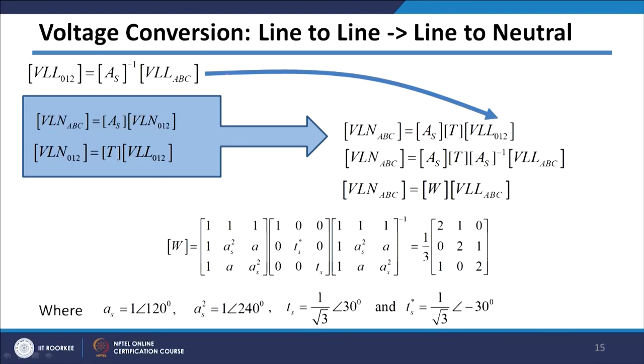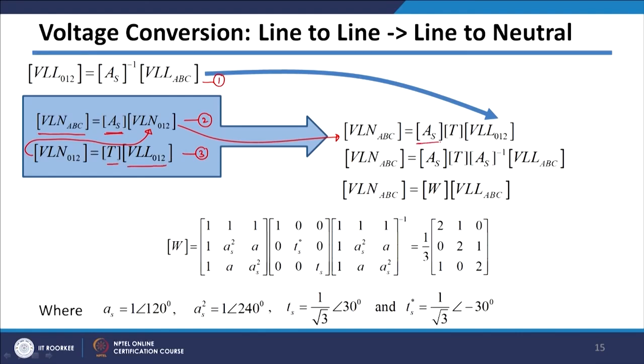So this is your expression 1, this was your expression 2, and this was your expression 3, which you got on the last two slides. And from these relations, by putting this VLN 012 here and writing this expression here, I can get VLN ABC will be equal to AS multiplied by T multiplied by VLL 012.